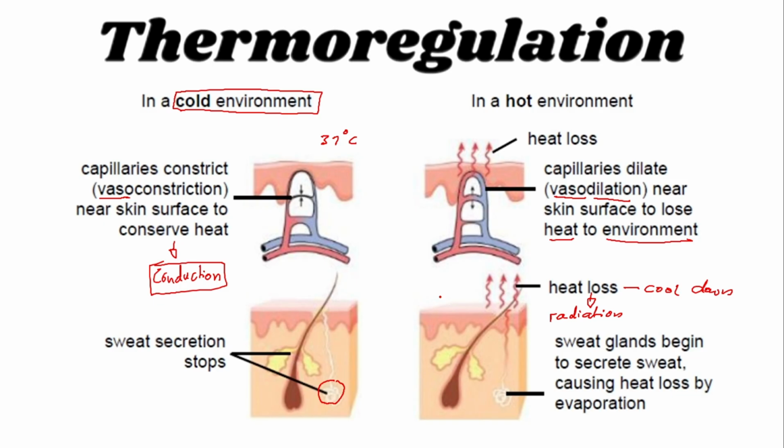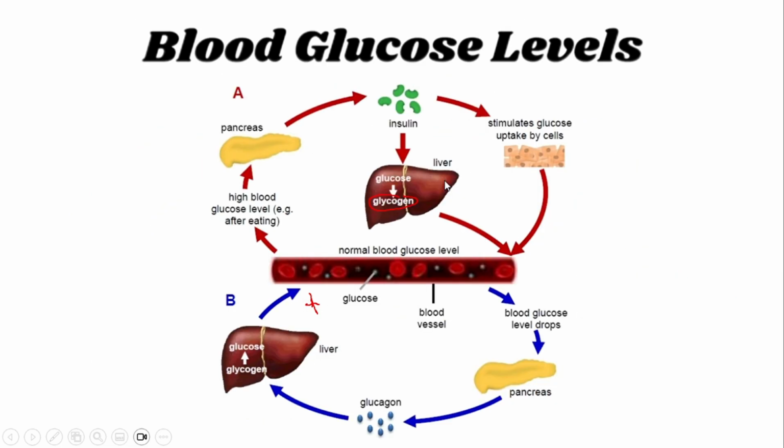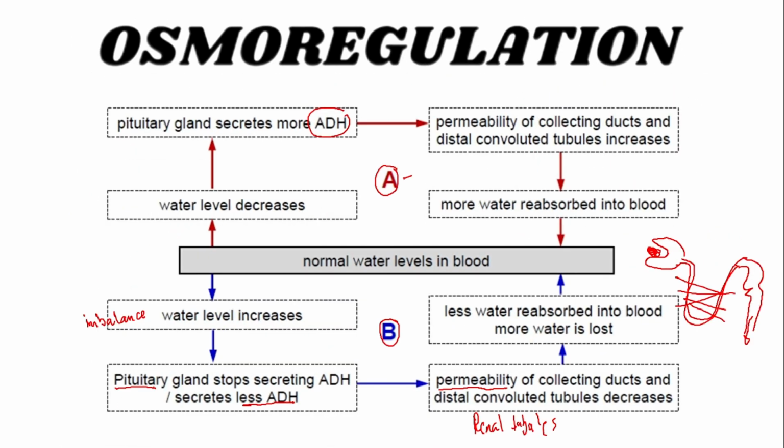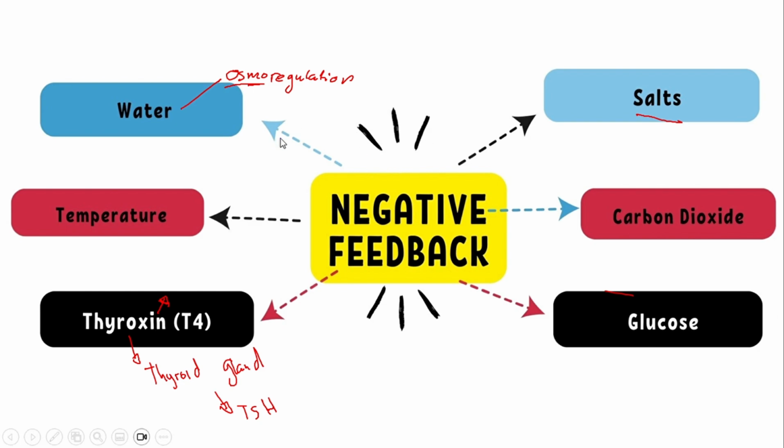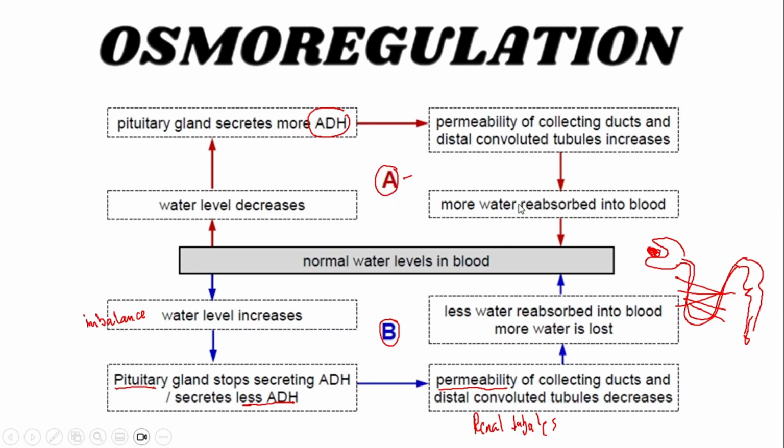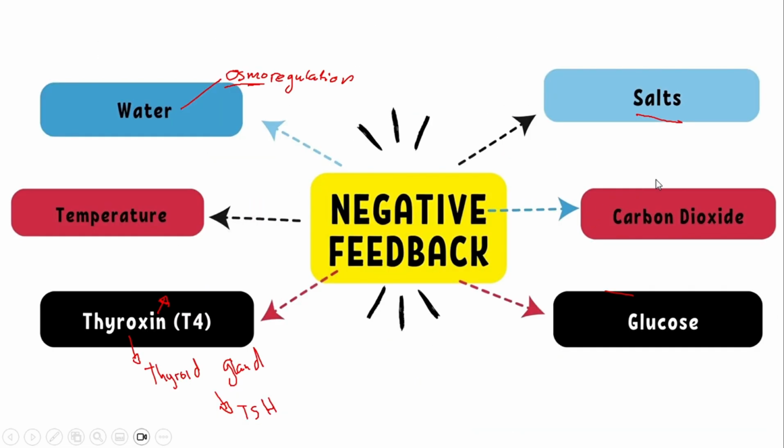Okay, right. So that's basically what we looked at. So we have thermoregulation. Let's go back to this slide over here. So in a nutshell, we looked at all these processes. We looked at water, temperature, thyroxine, glucose, carbon dioxide, as well as salts. Okay, so I want you guys to go and make a nice, can you see this? This is sort of like a mind map, right?